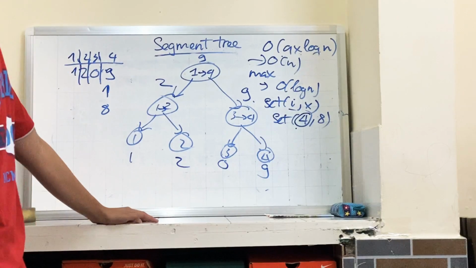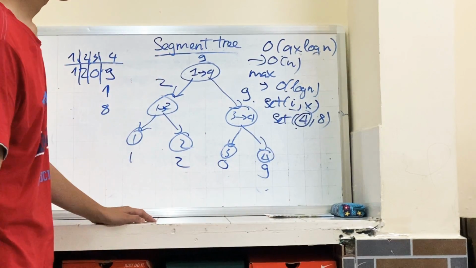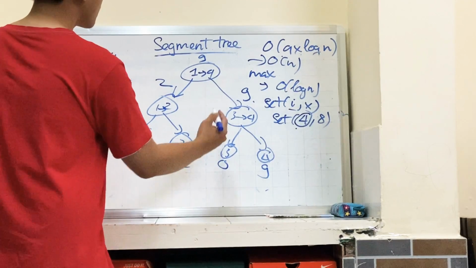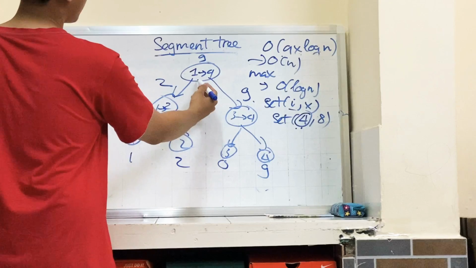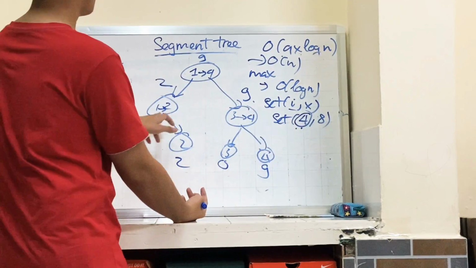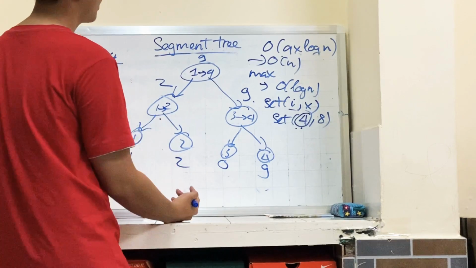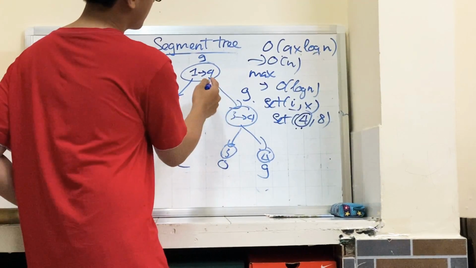If I want to modify the fourth element, I will traverse the tree like I did before. For the fourth element, we consider the left side first. 4 is out of bound of this left node, so we move to the right node.